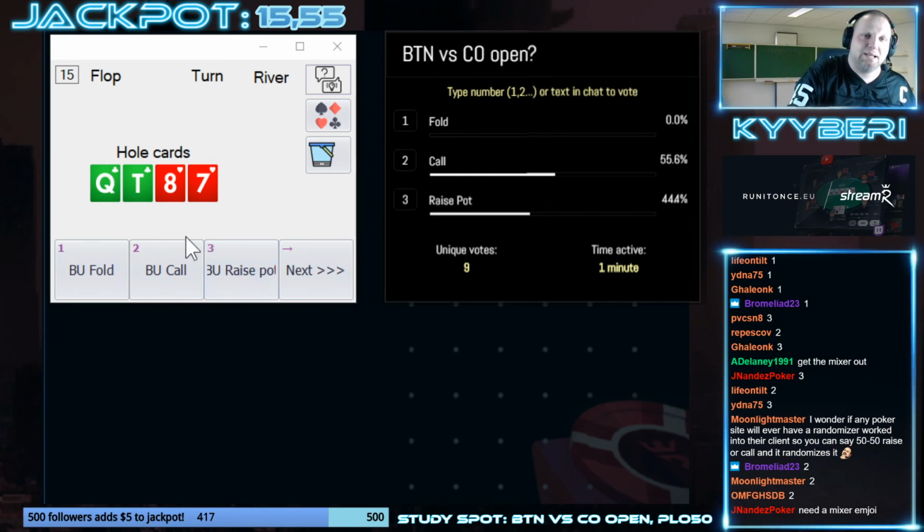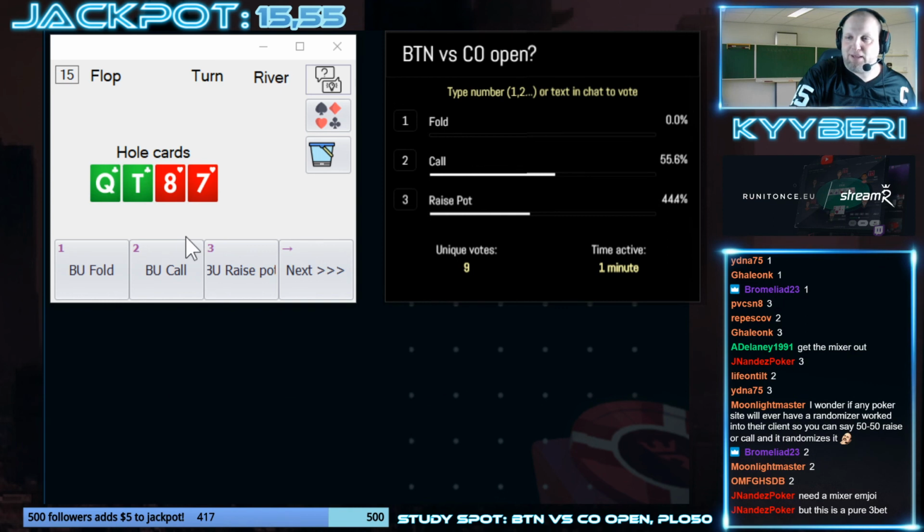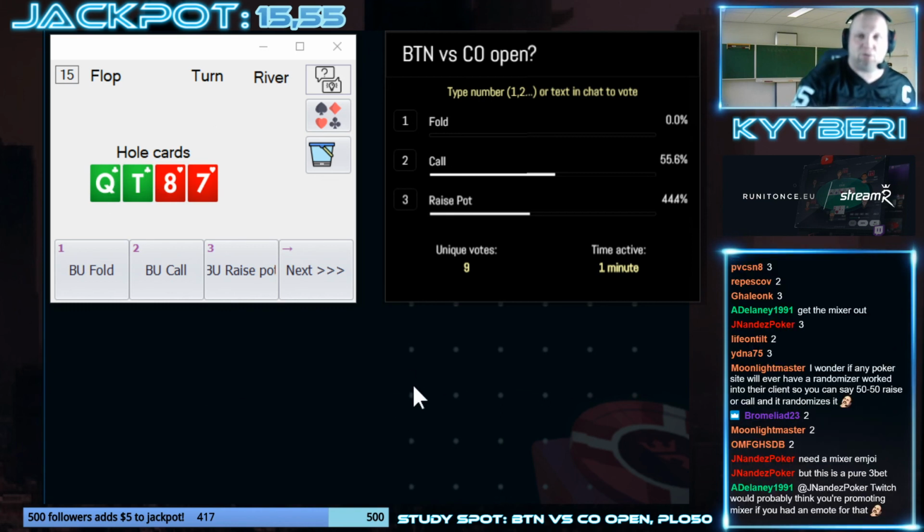This is the hand that often I tell people that when you start to 3-bet these hands, the chance of your hand being dominated is higher than the chance of you dominating your opponent's hand. Like if you make a pair, straight draw, two pairs, flush draws, the lower your hand goes, the higher the chance there is that the opponent dominates you instead of you dominating the opponent.